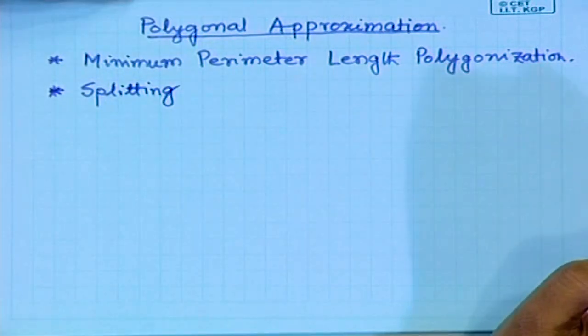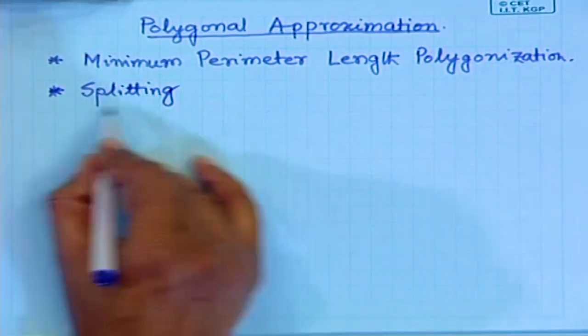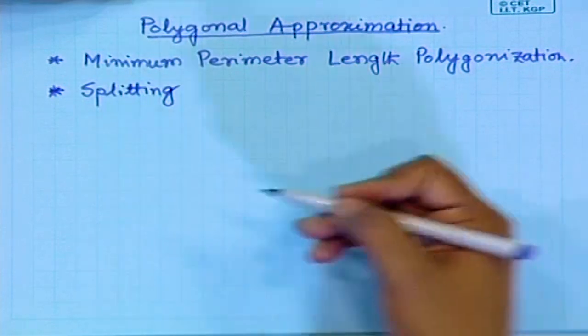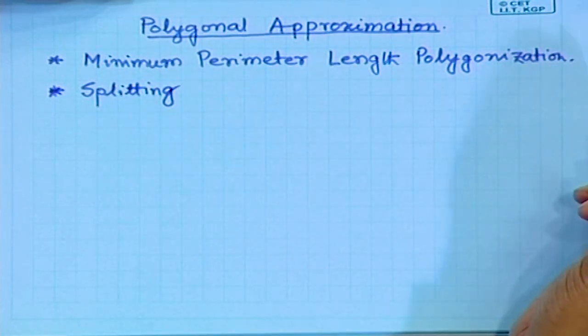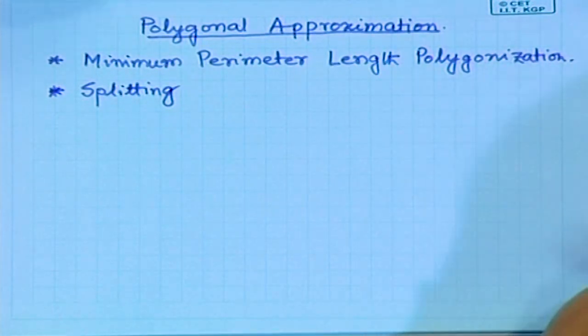The other polygonal approximation technique is based on splitting of the boundary. When I go for splitting, there have to be different criteria based on which an arbitrary boundary is split into a number of boundary segments, where every segment is represented by a straight line segment.